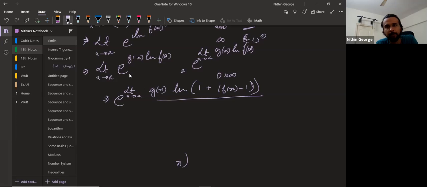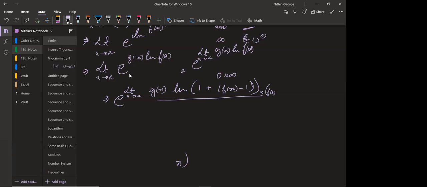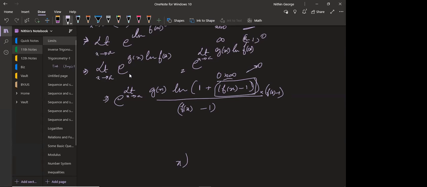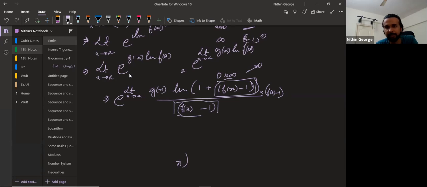What I'll also do along with this is multiply by f of x minus 1 and divide by f of x minus 1. Right, what do we get here? f of x is tending towards 1 here. So we can see f of x minus 1 as a quantity which tends towards 0 as f of x tends to 1. So you have ln of (1 plus x) divided by x where x tends to 0.